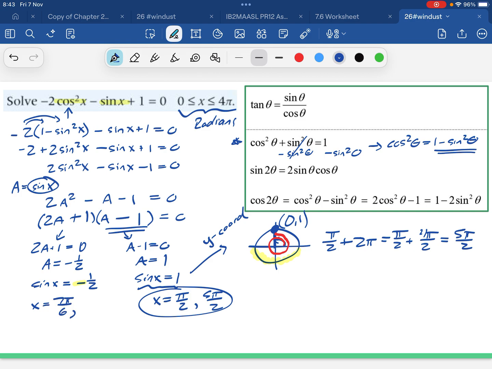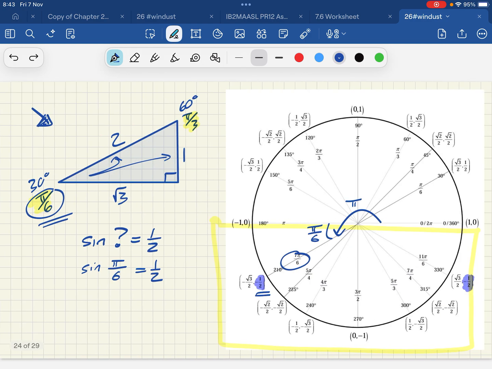But remember, this is going all the way up to 4 pi, so I don't have to stop right there. I could do another full rotation. I could do there, and then I could go around again. Okay, so I could add another 2 pi onto that 7 pi over 6. And what's that going to give me? Let's see here, 7 pi over 6 plus 2 pi.